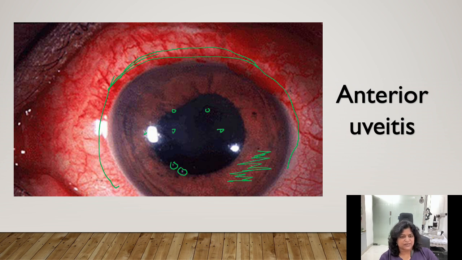We can call it some anterior chamber reaction, where you'll see some cells and flare in that portion of the eye. There is a chamber there, and that is full of inflammatory cells. And with time, something called posterior synechiae develop here, which attach the iris to the lens of the eye. So this is an anterior uveitis.